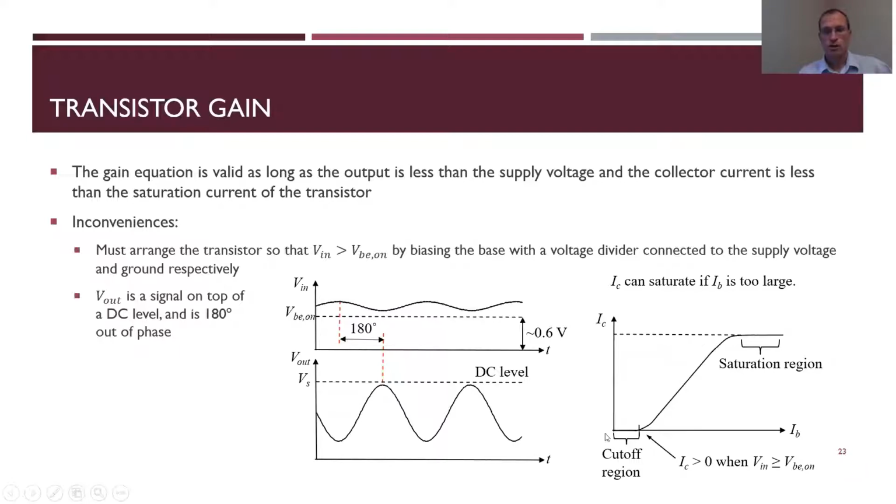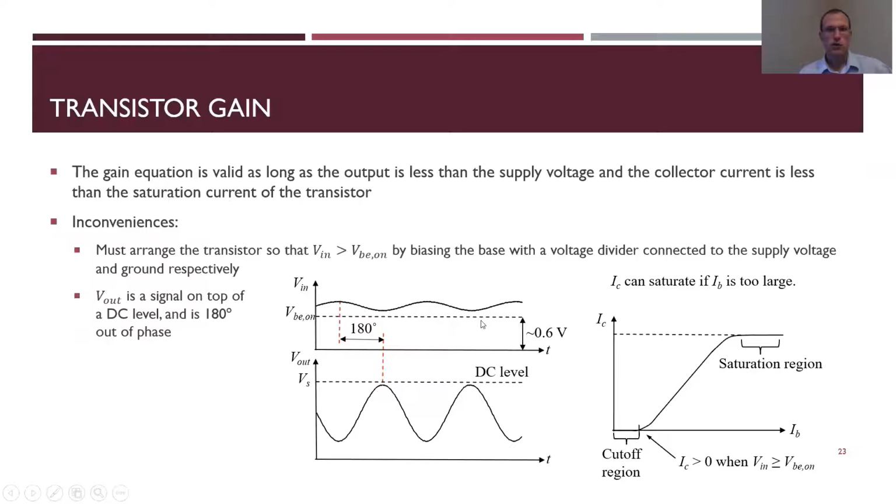In the cutoff region, I need to have enough voltage to get it going. Then when it's going, I get this amplification factor. The saturation region is kind of like too much current, too much voltage, so the transistor or diode is generally going to fail.